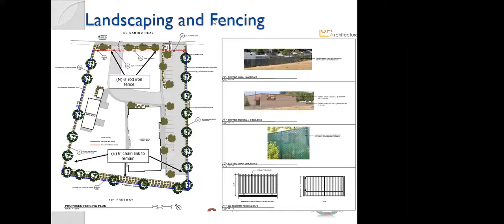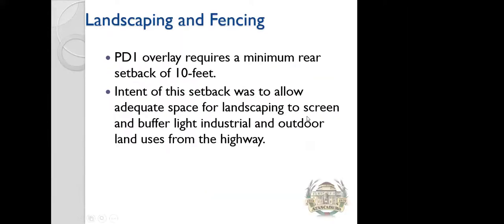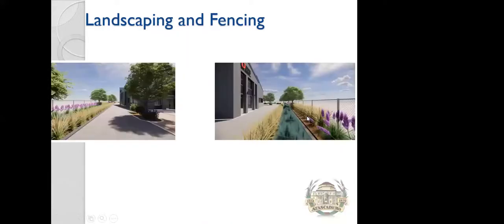I don't know if you could put that elevation back on the screen that we did. So it's pretty much what you see there, just the fence along the freeway, and everything else completely open so they can maintain it and you can see all the way through the building.